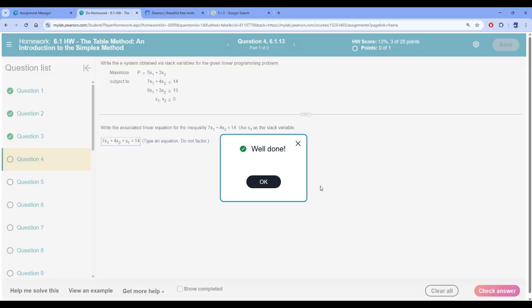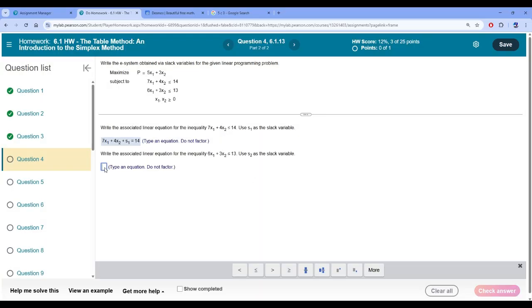I think that's my first equation. My second one is going to be 6x1 plus 3x2 plus s subscript 2 is equal to 13.